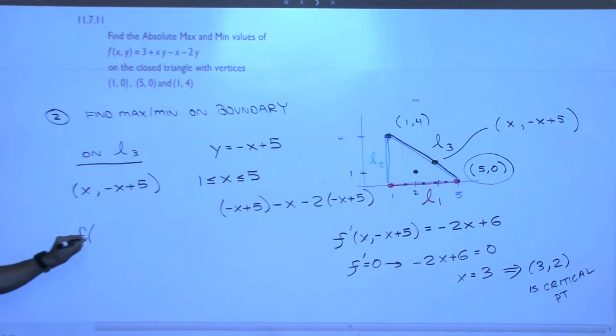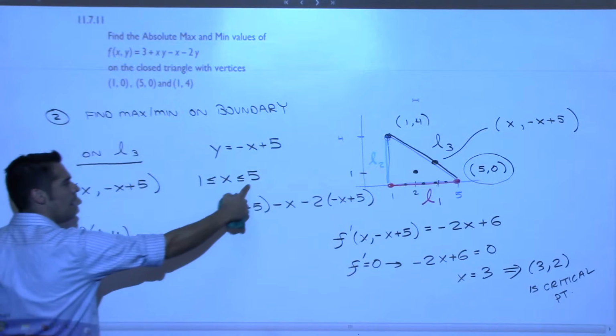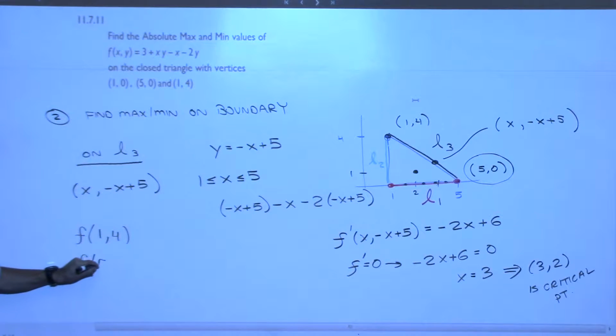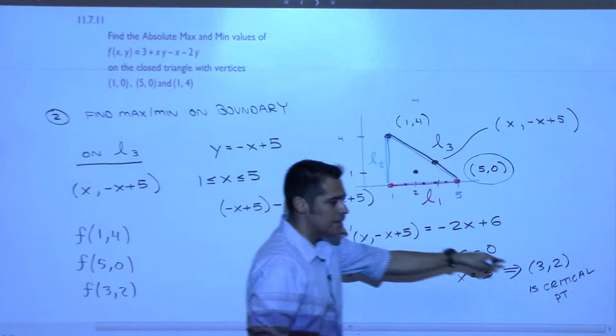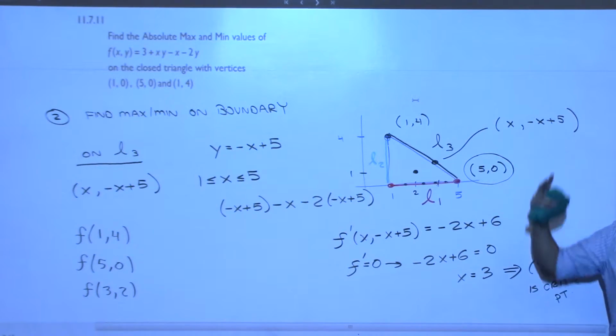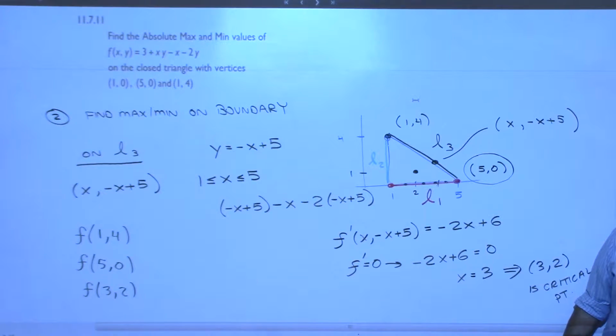So put 1 right here, we get 1, 4, right? Replace the X with 5, I get 5, 0, and then replace the X with 3, I already know what happens. I get 3, 2, right? So I'm taking the two endpoints, and I'm taking the critical point, and I'm going to plug all those into the original function. And let's see what we get.